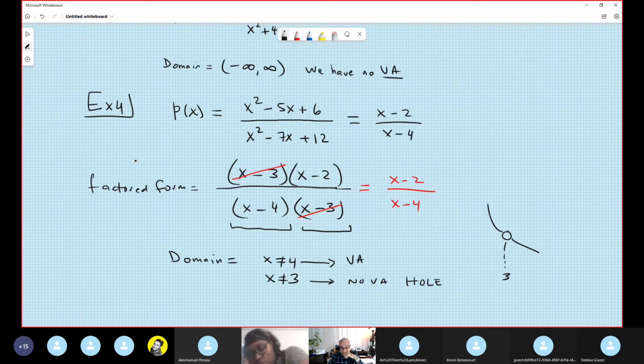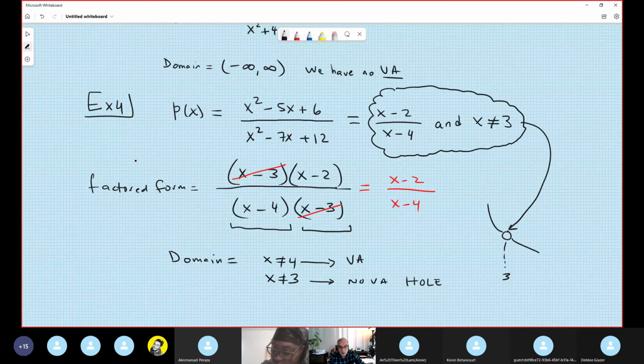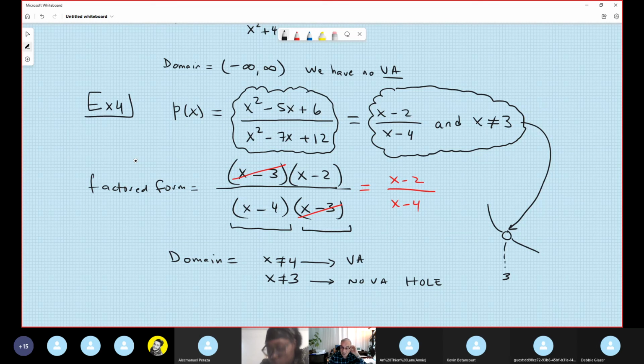The answer is yes, except that you suppose that x is not 3. And this is the reason that this is a hole. But this compound statement, you say is 100% equivalent to the original, under the consideration of the 3. And in the practical analysis, you know that fact.